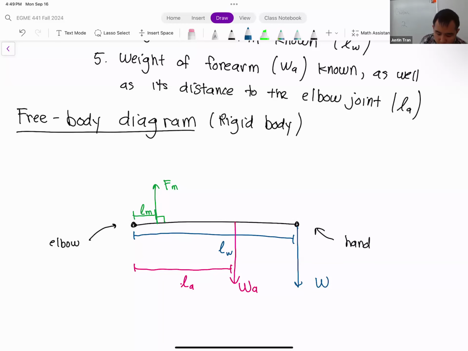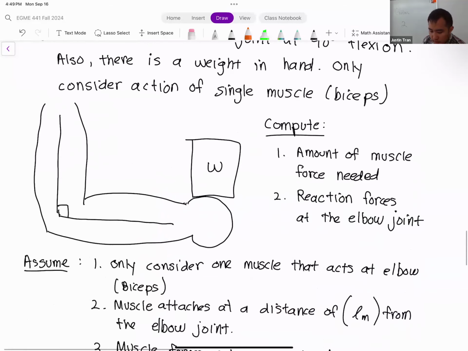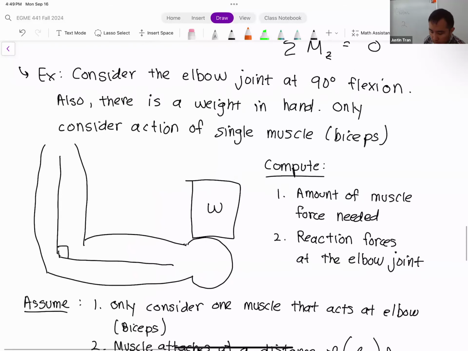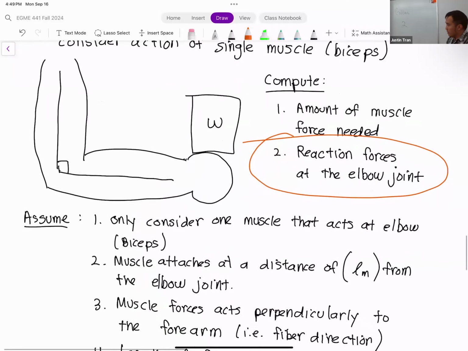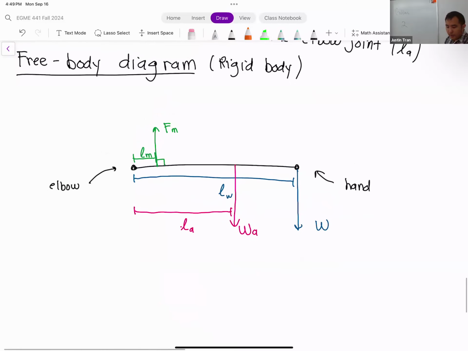There's two more forces that we need to put in the diagram, though, right? And so if we go back to the original problem here, we know that we also need to compute the reaction forces at the elbow joint as well, right? Because what you're going to find out is that, in this particular problem, you're going to need some additional forces in order to stabilize this problem.